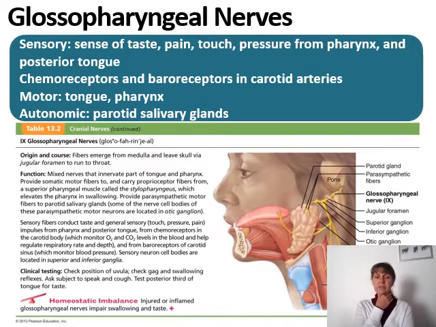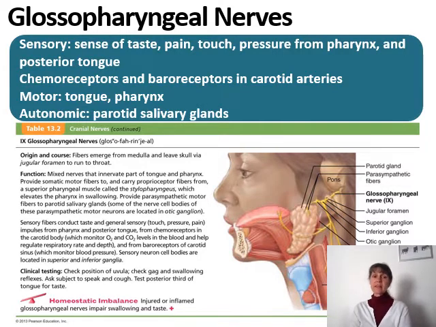There are chemoreceptors that monitor the concentrations of oxygen and carbon dioxide in a structure known as the carotid body, and the carotid sinuses have receptors for blood pressure. And so that information is going to be carried on the glossopharyngeal nerves as well.